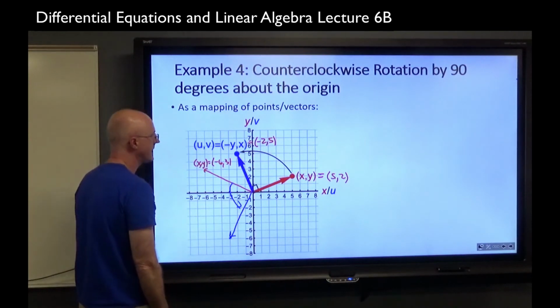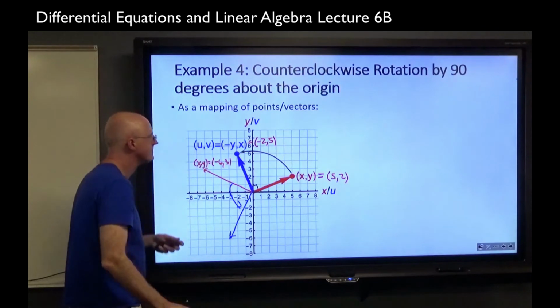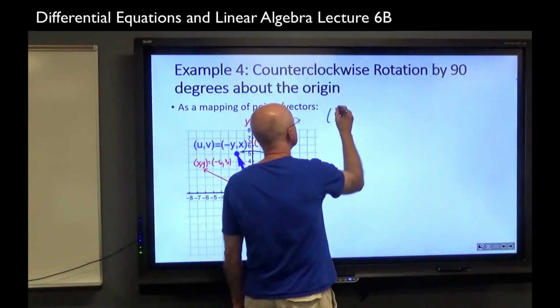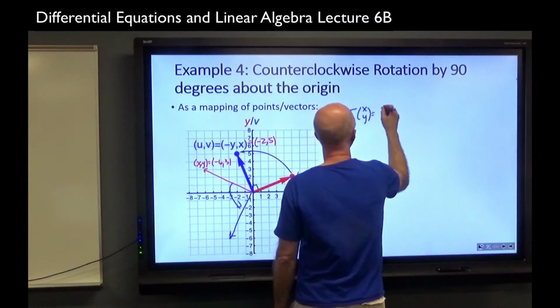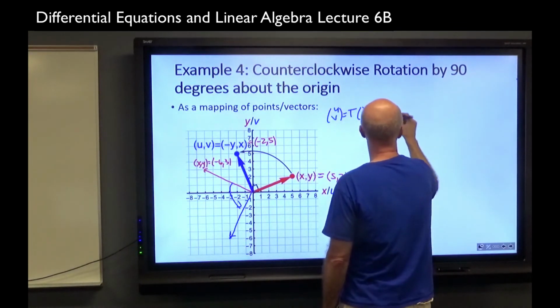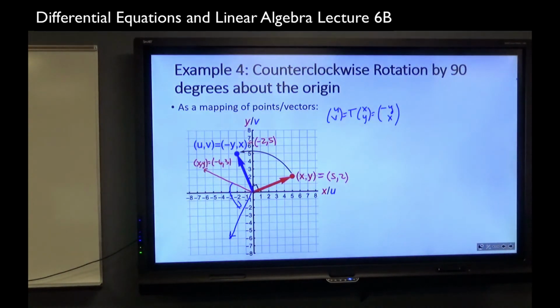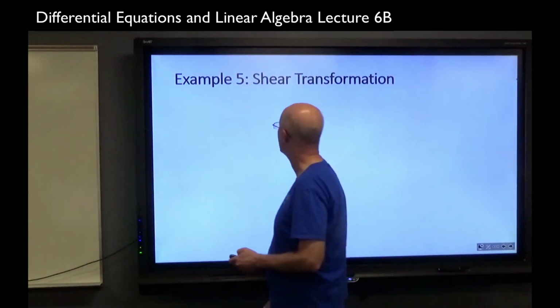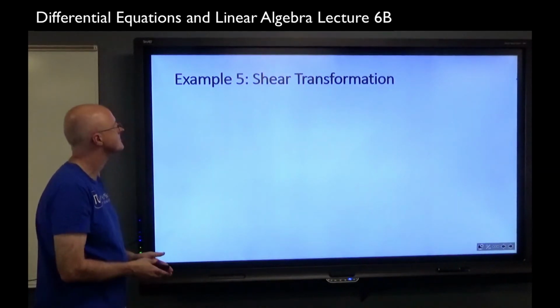It is a 90-degree rotation, it turns out. Okay, not completely obvious that this would be the formula. (u, v) equals T of (x, y) is (-y, x). You should check some more points to make sure it seems like it's working. I can check the operation preserving part here, but I won't for sake of time. On to example 5. I believe there are two more examples, examples 5 and 6.